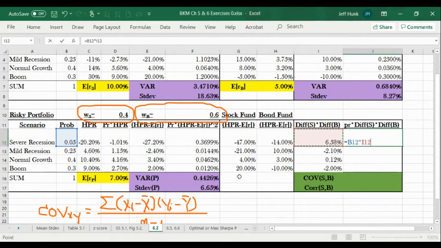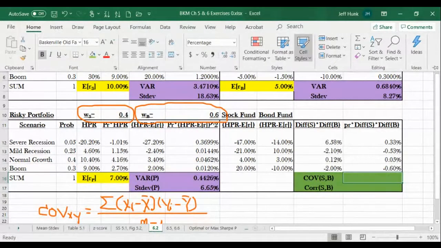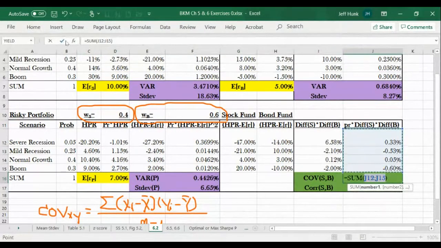I drag it down. And the covariance is computed just like variance, using AutoSum. And there you go. That's the covariance.